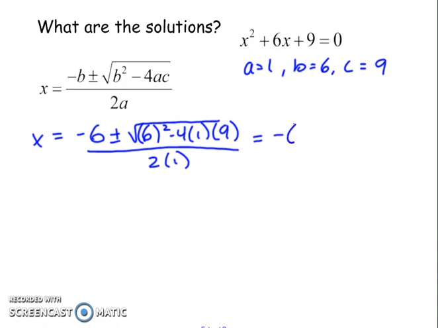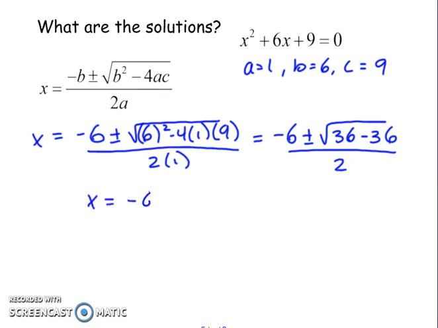So when we do this, we get negative 6 plus or minus the square root of 36 minus 36 over 2. Now when we do 36 minus 36, we're going to end up with 0. The square root of 0 is just 0. So we end up with negative 6 over 2, which is negative 3.